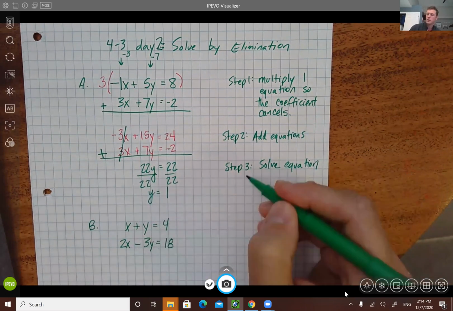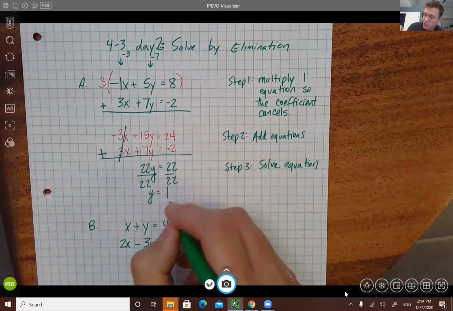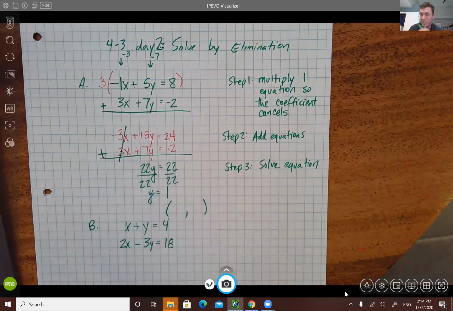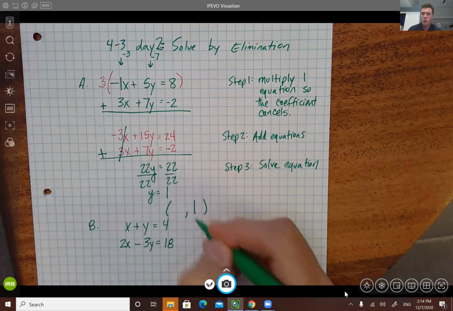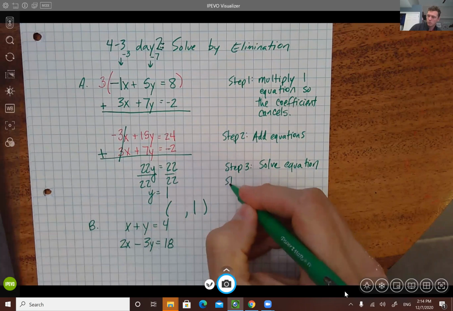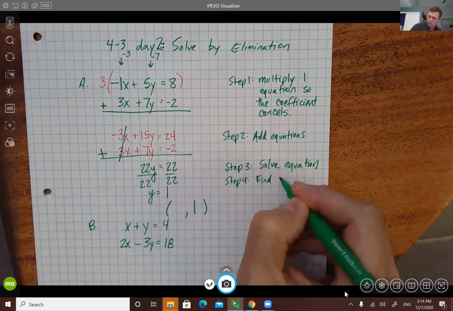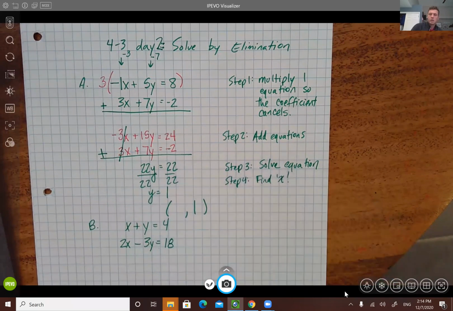Now remember, for our answer for systems of equations, we need an x and a y. Right now, we only have a y. Does anybody remember what we have to do to find the x? Nobody remember?